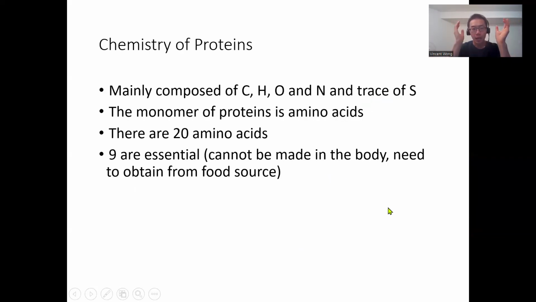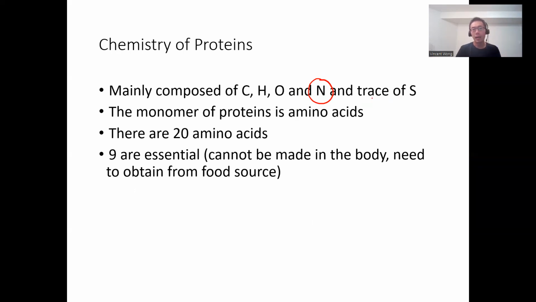So proteins. What are proteins made up of? Well, you see the triplet here again, the C, the H, and the O. Essentially, all of the macromolecules have carbon, hydrogen, and oxygen in them. But in the case of protein, there is also nitrogen.